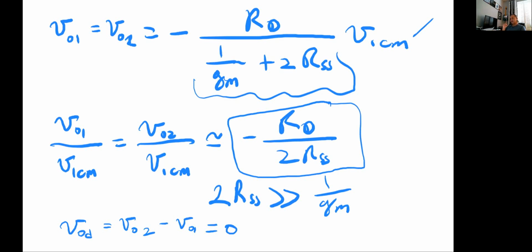That is only the case, so the key here, because RSS, if you go back to the diagram, RSS is common at the sources of the transistors. But even though we have assumed that RD is the same for each of the transistors, they are different devices.